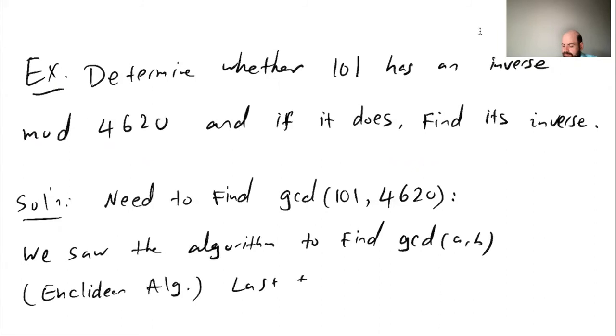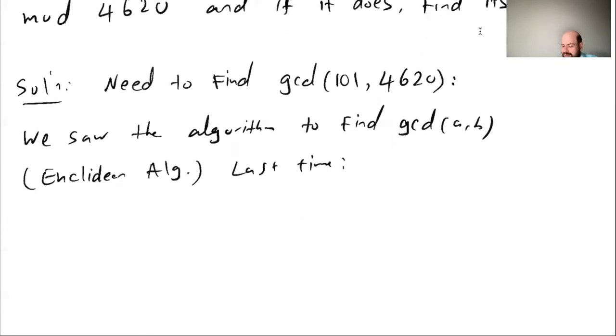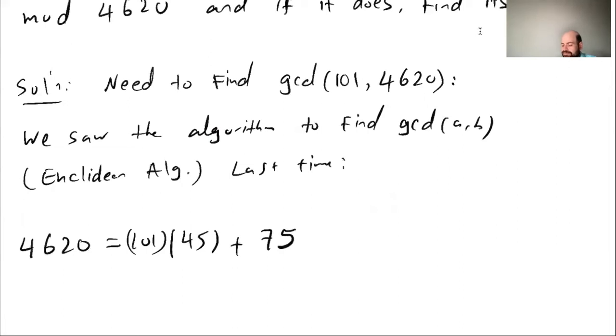We have to do the long division. I will start with 4,620 is 101 times some quotient plus some remainder, right? If you do the long division, you will see that the quotient is 45 and the remainder is 75.